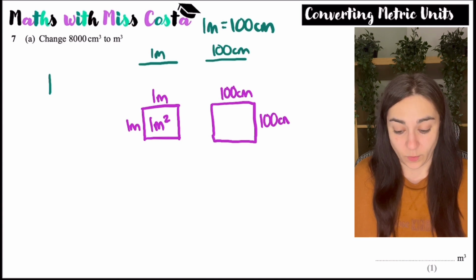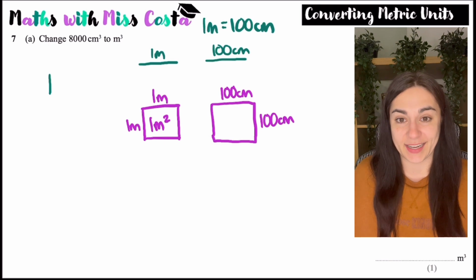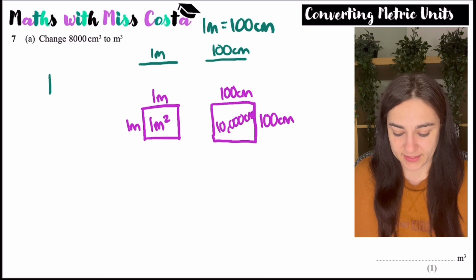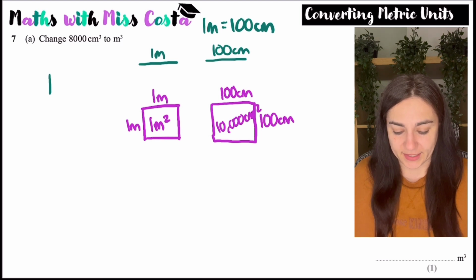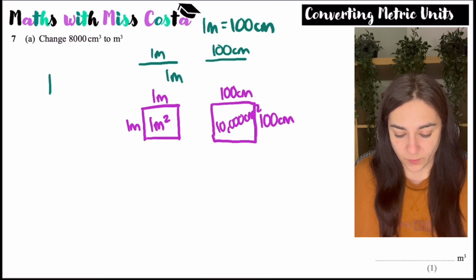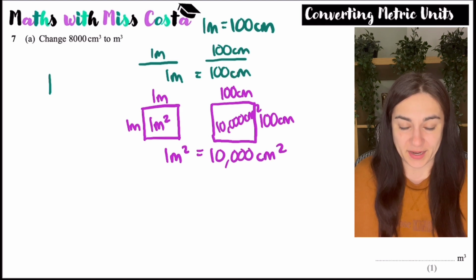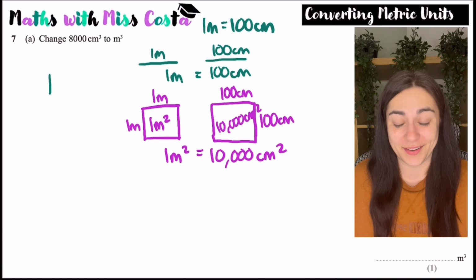So 1 meter squared is equivalent to 100 centimeters by 100 centimeters, which is 10,000 centimeters squared. So even though 1 meter equals 100 centimeters, when it comes to area, 1 meter squared is actually 10,000 centimeters squared. And when it comes to volume, it gets even larger.